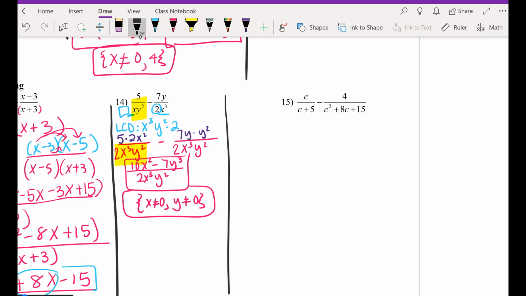And then for LCD, would it be C plus 3? Like the only one? I think it could be that. It could also be C plus 3 and C plus 5. But you only take one. Wait, try it one second. I'm coming over anyway. Wait, no, factor this one first.